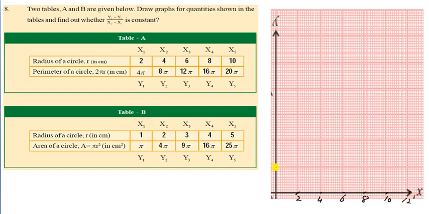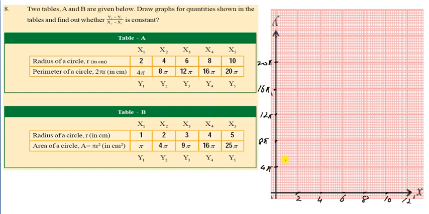So what about the y-axis? It is 4 pi, it is 8 pi, and it is 12 pi, and it is 16 pi, and it is 20 pi, and so on. Let us see what will happen.